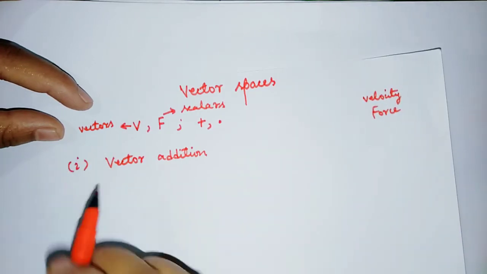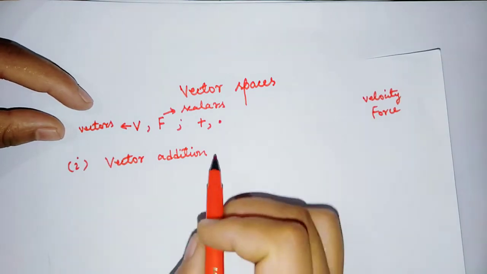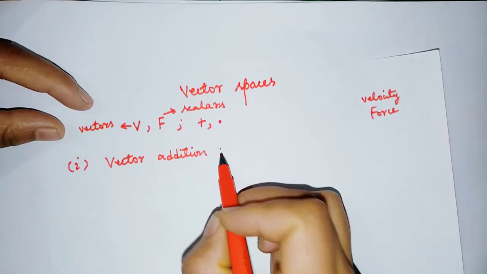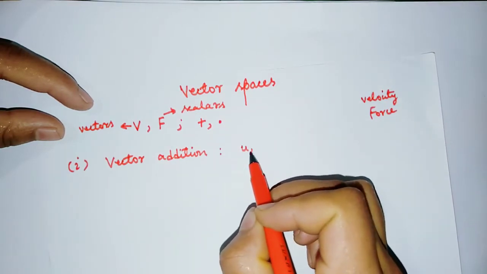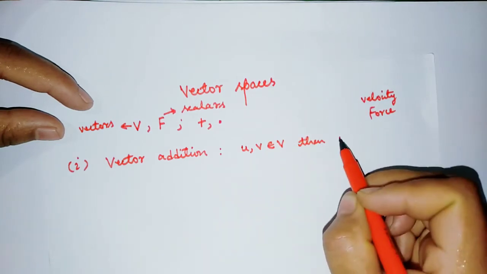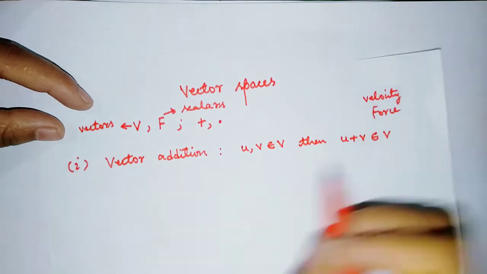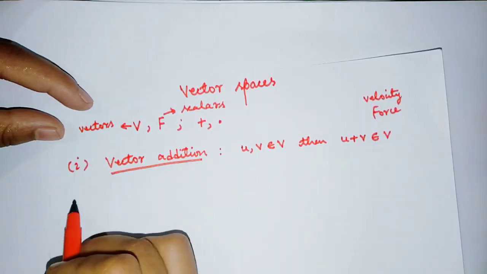Here, vectors are just the elements from this vector space V and scalars are from a field F. So in vector addition, we take two vectors from V, then if we add them, the result should belong to V. This is the vector addition.